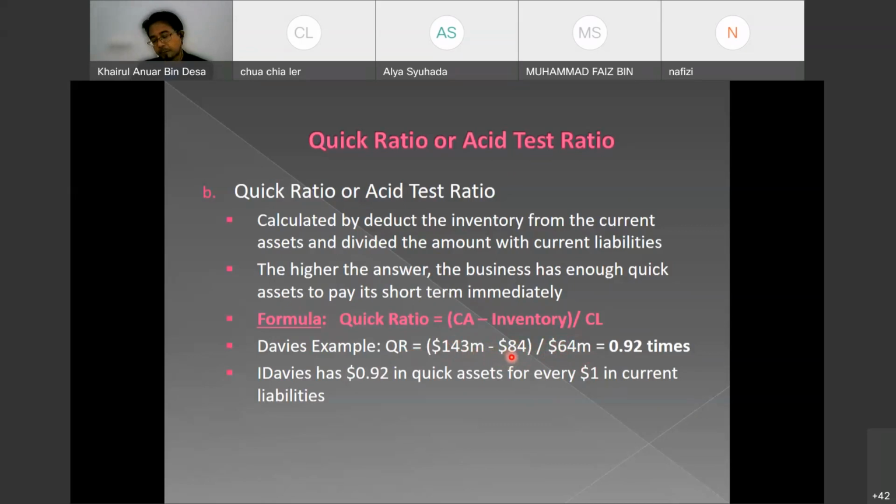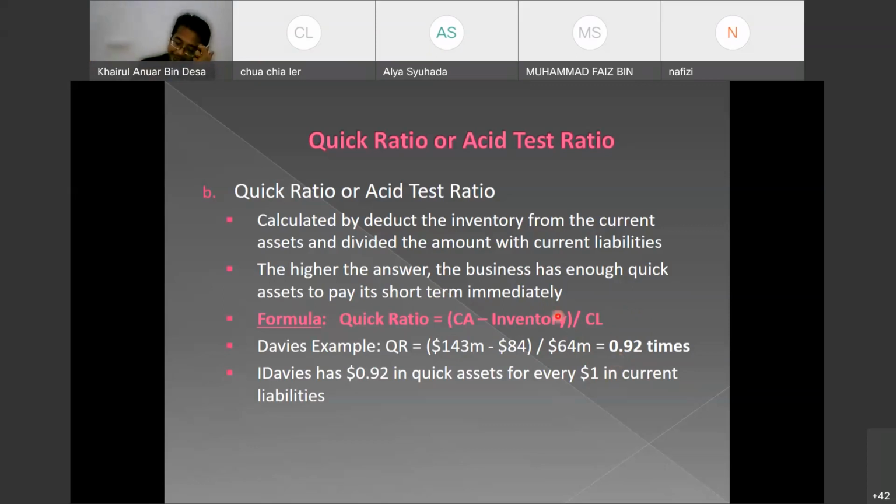Suddenly, when we remove inventory from the calculation, the result now drop from 2.23 times to only 0.92 times. Masih positive, still positive, but not good enough.